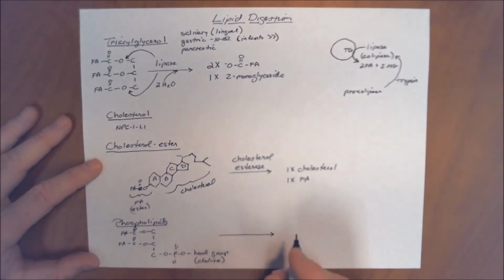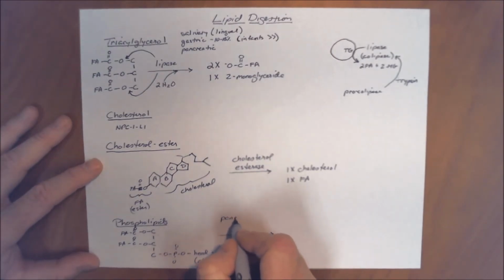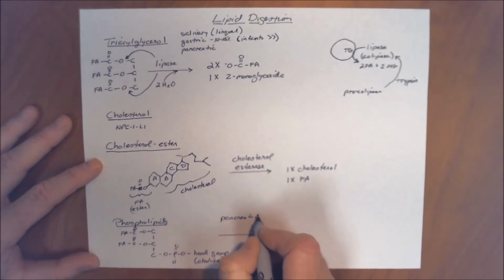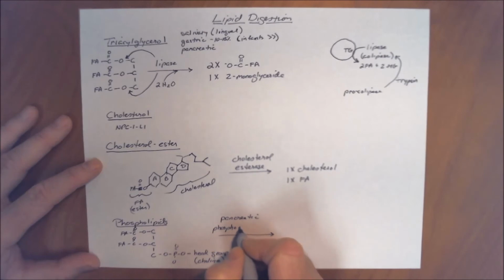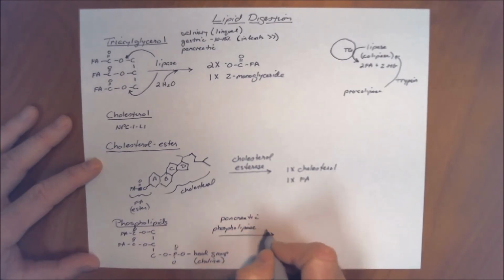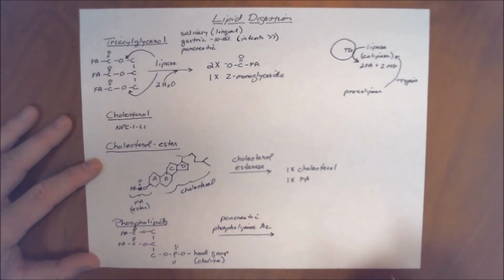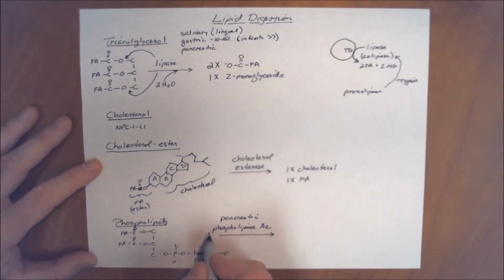We have an enzyme, again, secreted by the pancreas, so it's called pancreatic phospholipase A2. The A2 is a giveaway of where this enzyme cleaves. It cleaves right here.